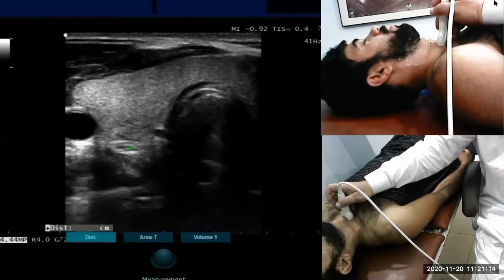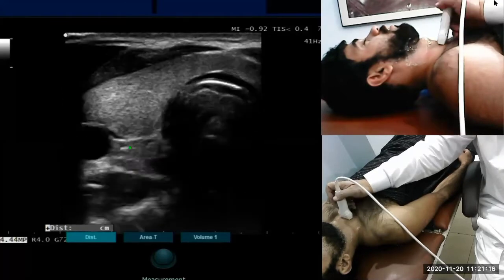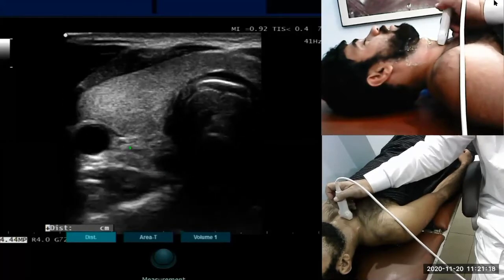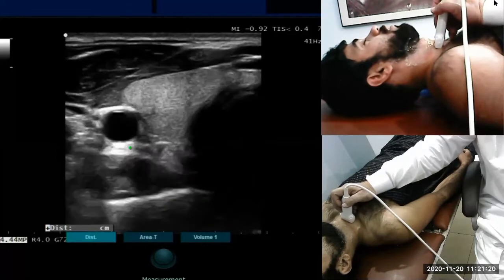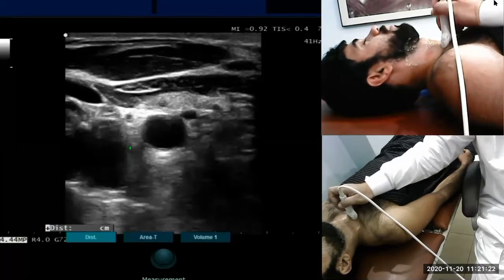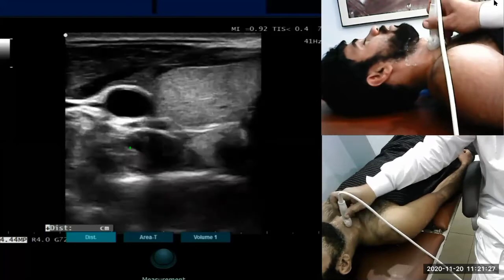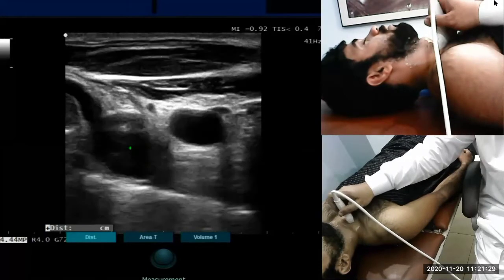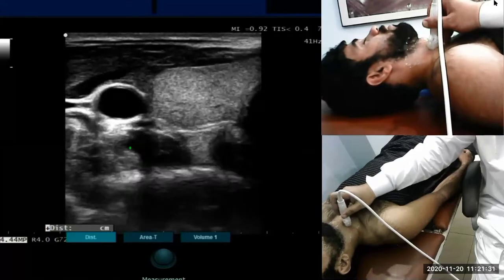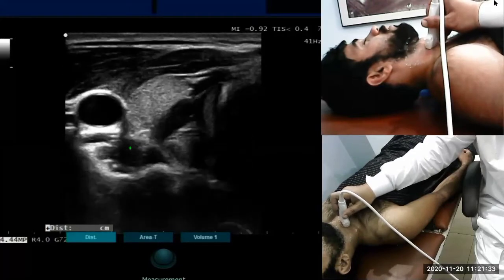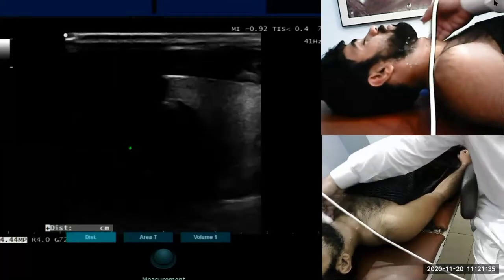And in a thinly built individual, you will be able to see the bulge of the gland. So we have seen the thyroid. Parathyroid glands are not ultrasoundable, but their adenomas are.